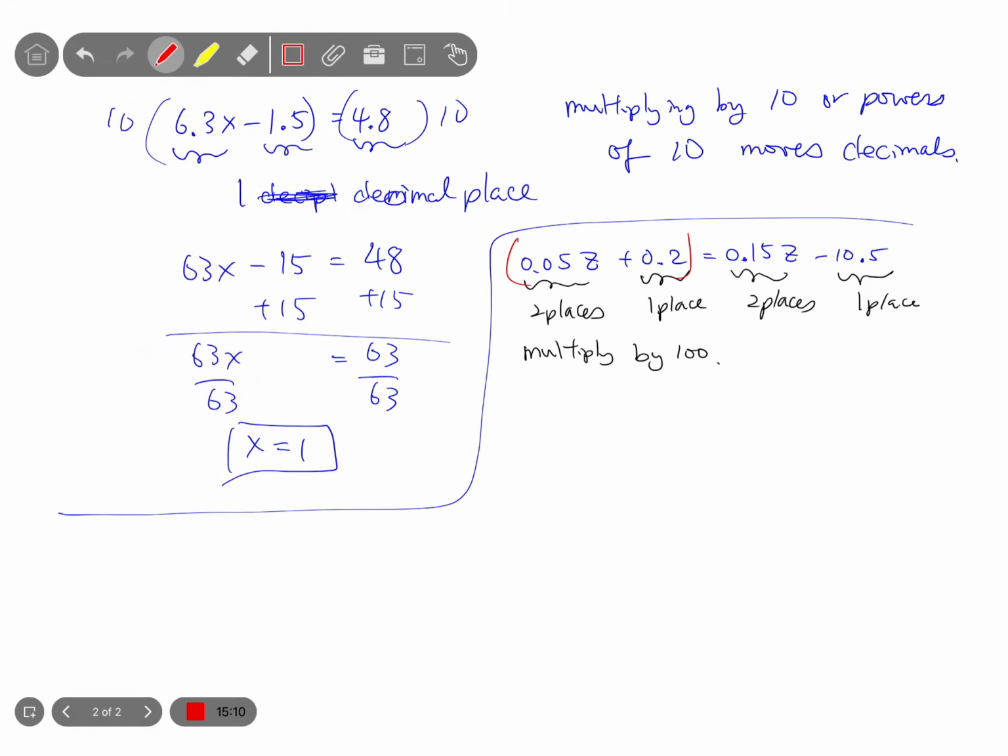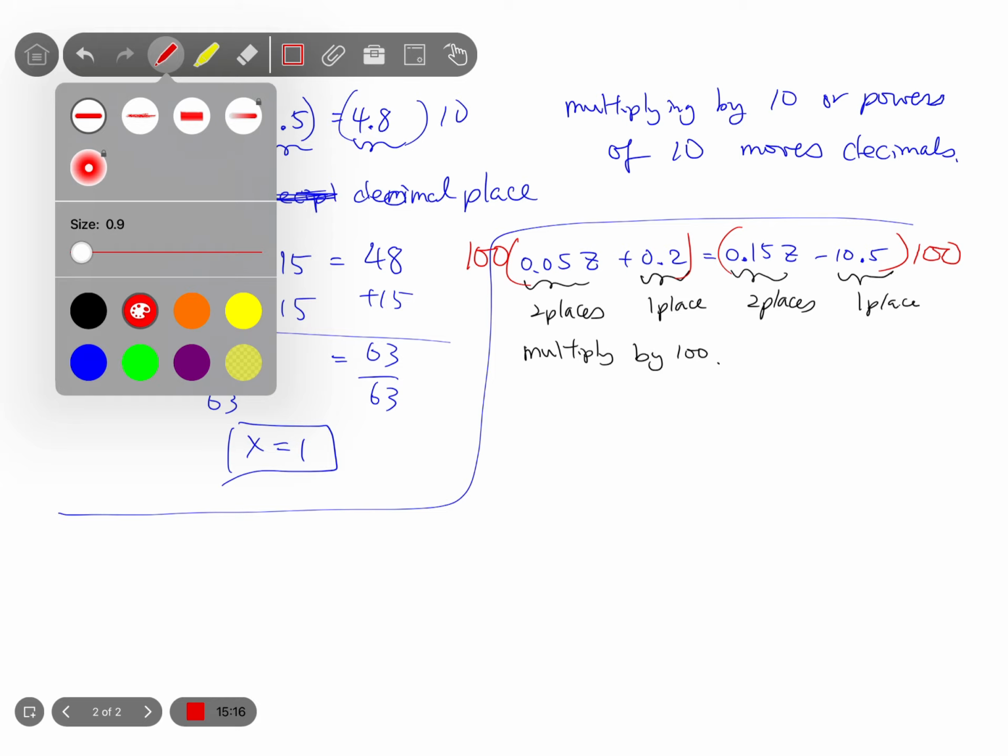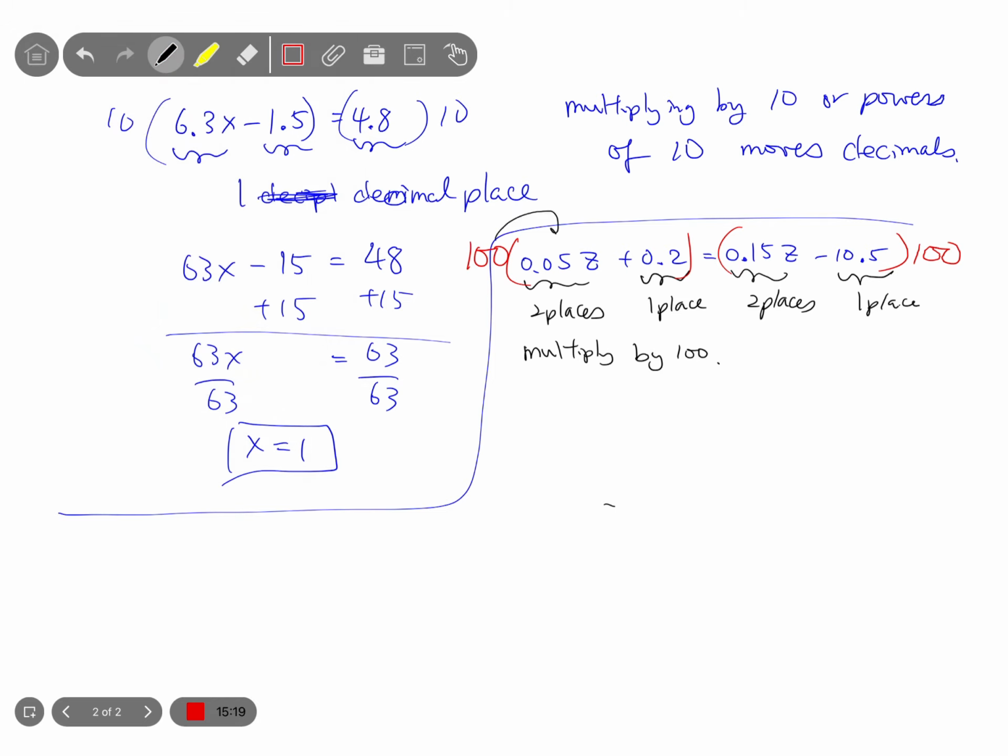So multiply both sides by 100, and we're going to distribute. 100 times 0.05 is just 5. All we're doing is moving the decimal 2 places to the right. So 5z plus 100 times 0.2 is 20.